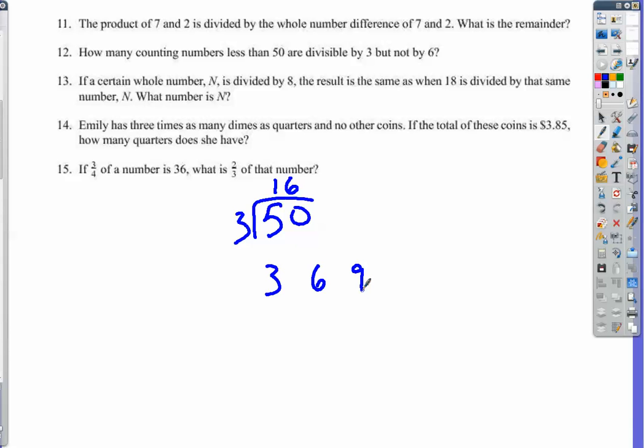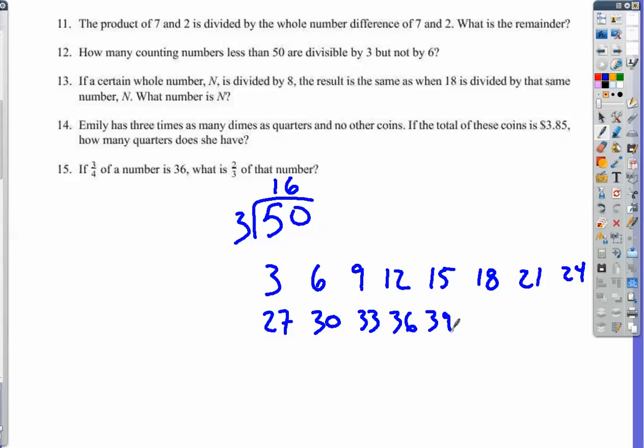And let's go ahead and do that, and then we can talk about faster ways. 12, 15, 18, 21, 24, 27, 30, 33, 36, 39, 42, 45, and 48.